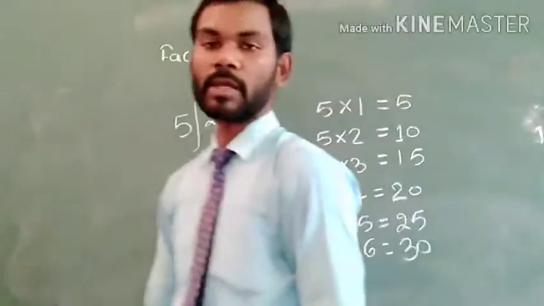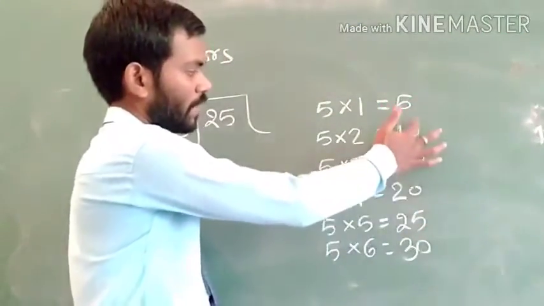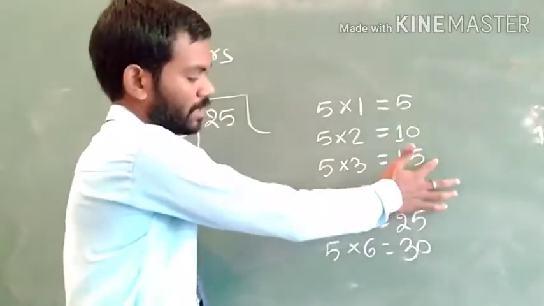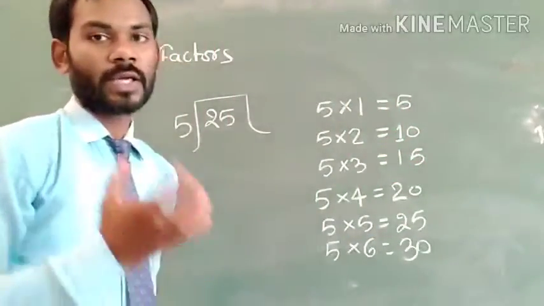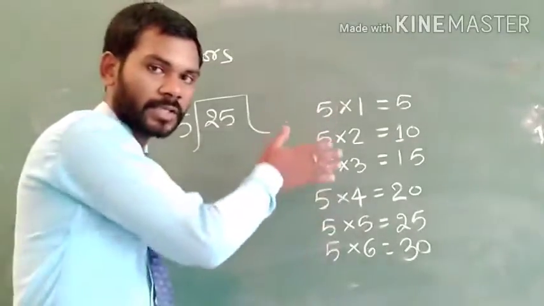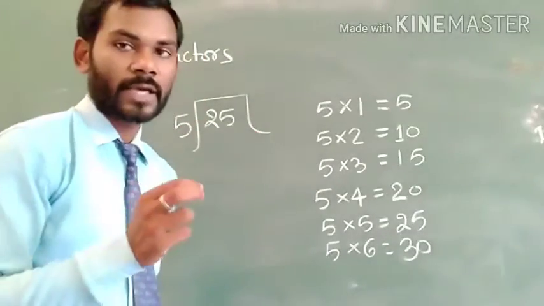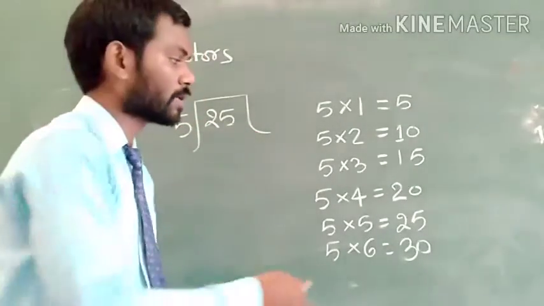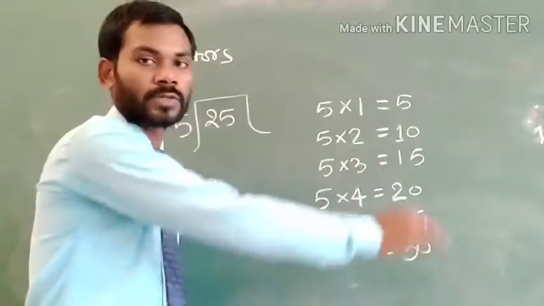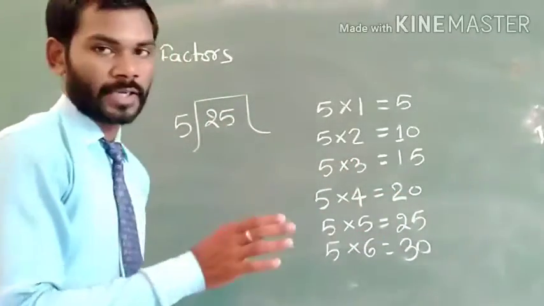So in this way we write our table. 5 1 is 5, 5 2 is 10, 5 3 is 15, 5 4 is 20, and so on. But actually the process here is that we multiply 5 by some natural number, then we get these products. So these products together we call a table.